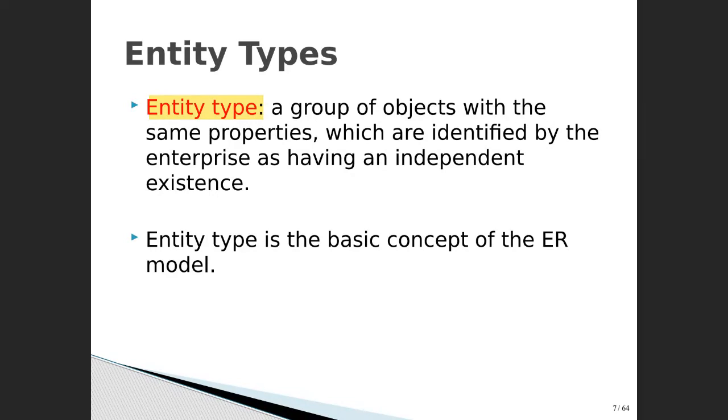It is identified by the organization itself, and it has independent existence. For example, the students. Can we have two student entities or only one? Only one. So it has only a single existence. We cannot say the student entity is here and then draw another student entity. You cannot do that. It will have only one independent existence.